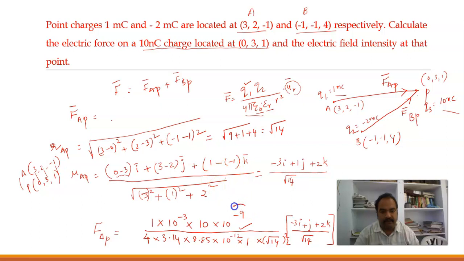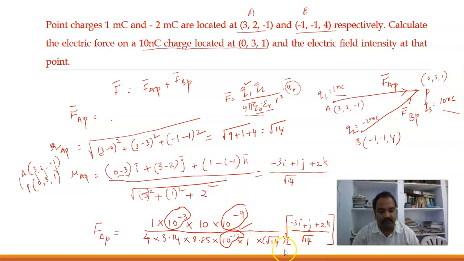I think this term and this term, they will accumulate, they will become 10 to the power of minus 12, so which will get cancelled here. Okay, so what we will get here, this is 10 into this vector by 4 into 3.14 into 8.85 into square root of 14 square into square root of 14. So this is the value which we will be getting when we solve this.